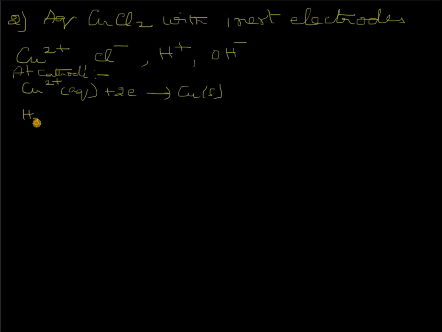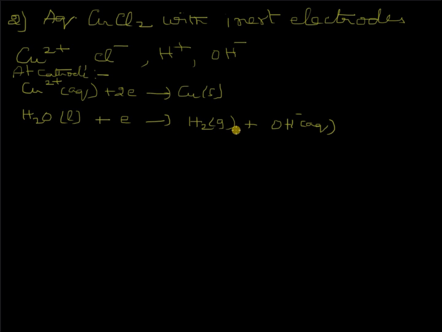For water, we have to write H2O liquid plus electrons to give H2 gas plus OH- ions. This is how we have to write the equation for reduction of water.